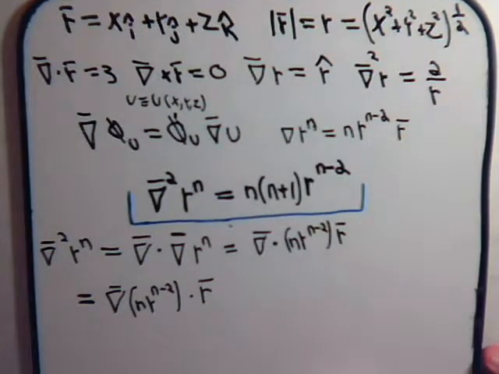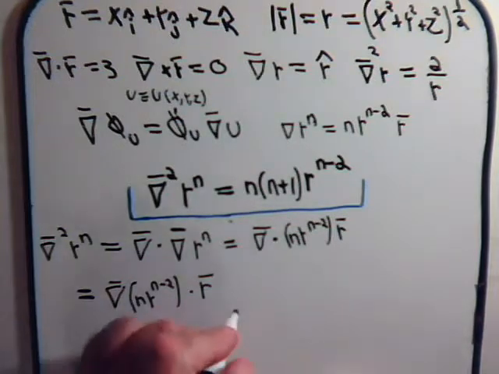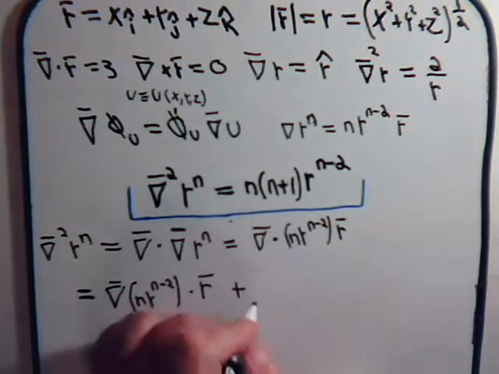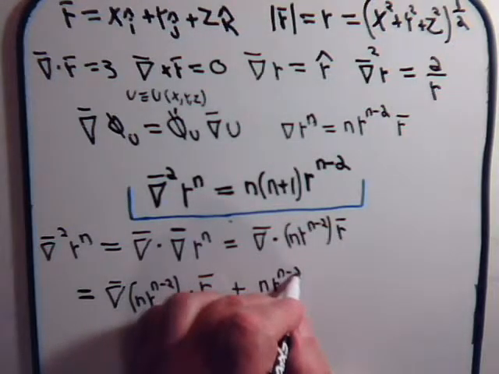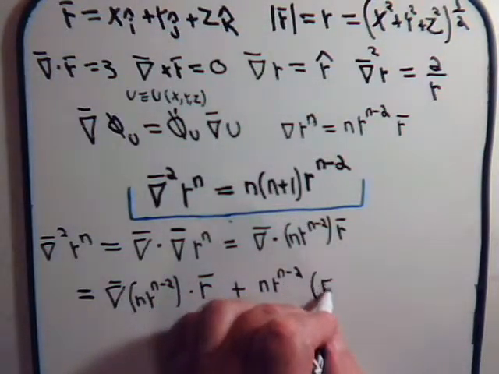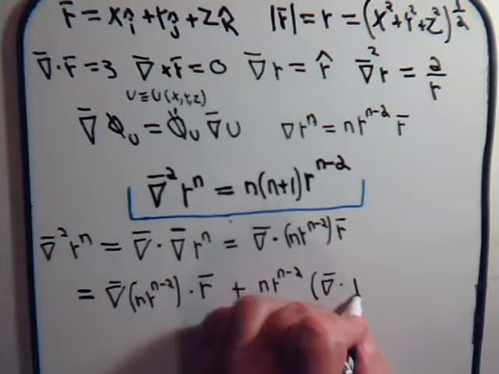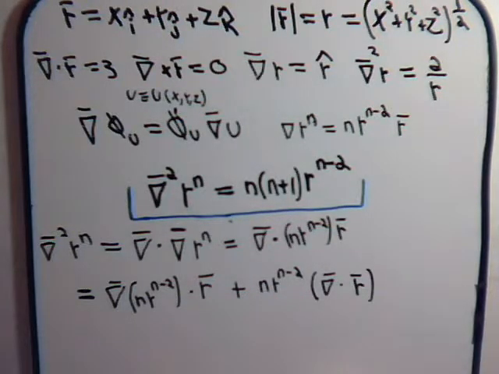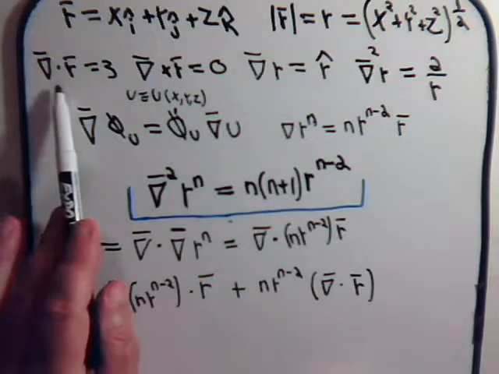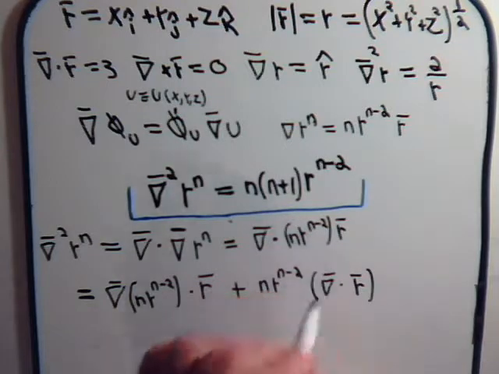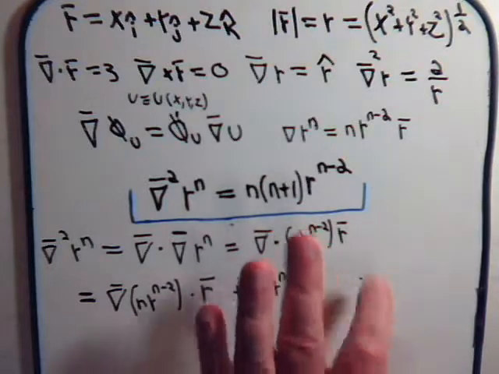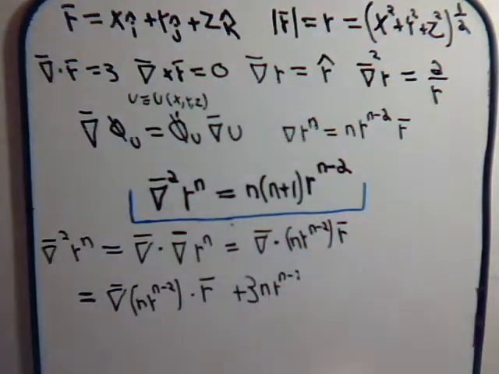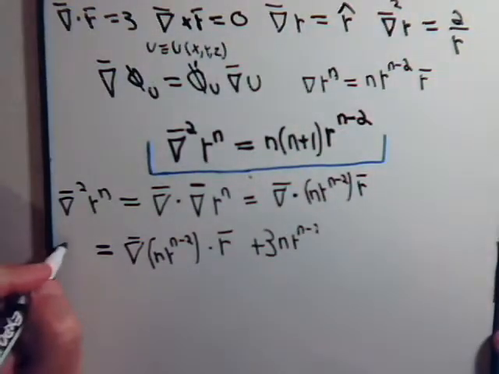In this case, it's just vector r, the position vector, plus this scalar times the divergence of the vector. And in this case, it's the position vector, and the divergence is 3. And this is our expression.